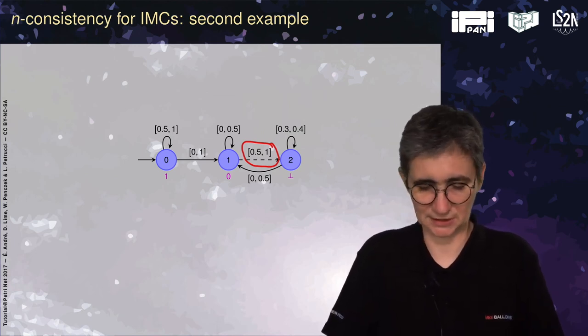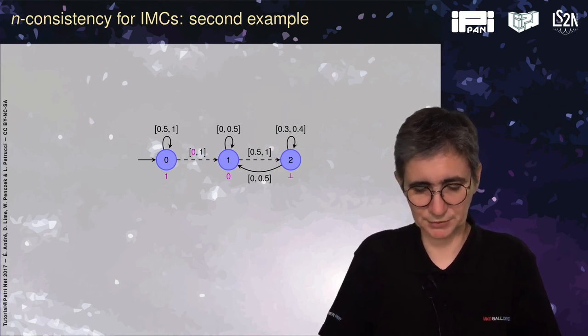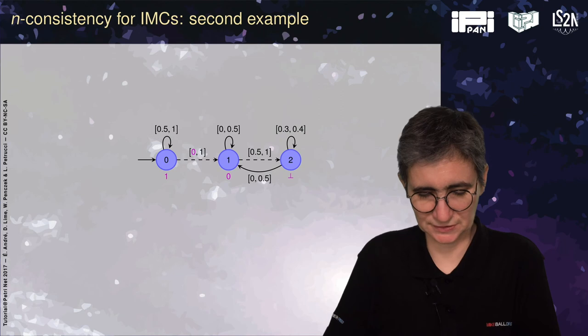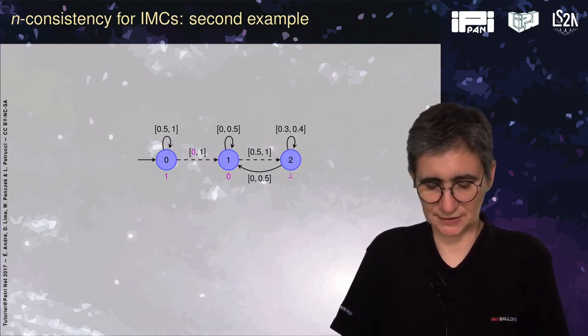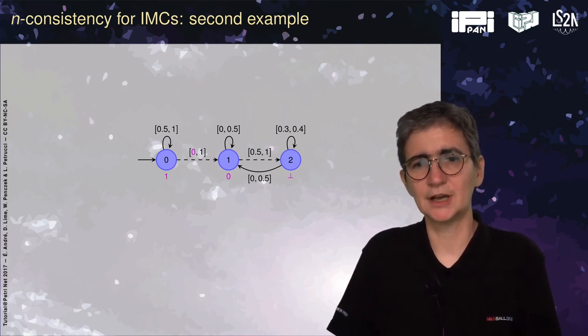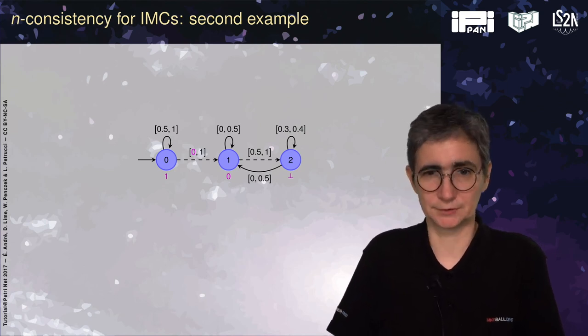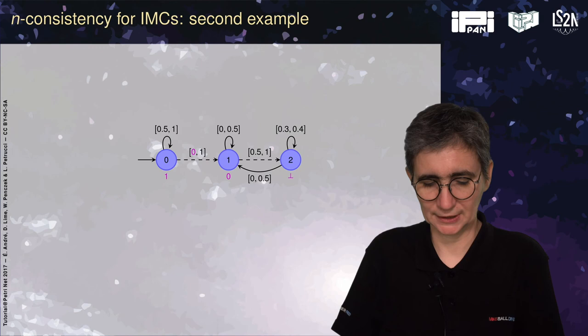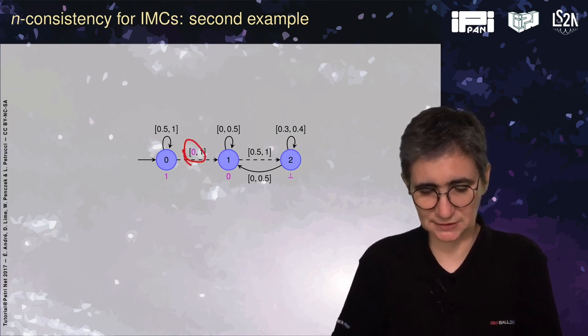Then I repeat that again. What happens for two consistency of state 0? Well, since state 1 is zero consistent but not one consistent, I would like not to reach state 1 for the consistency of the model. And this is possible because I have 0 in the interval.